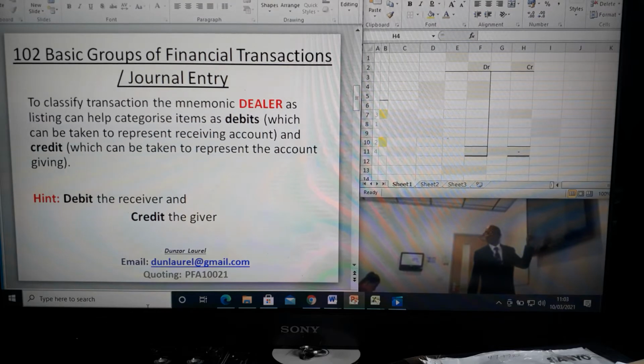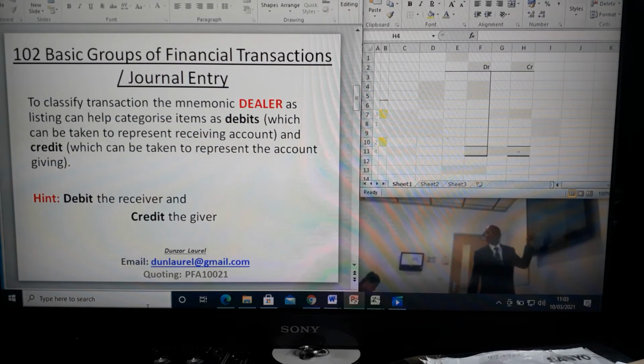I will remind you again here that when we're dealing with entry or transactions in accounts, the hint there is to debit the receiver and credit the giver. The receiver being the account that will receive the benefit, and the giver being the account that is giving out the finance.